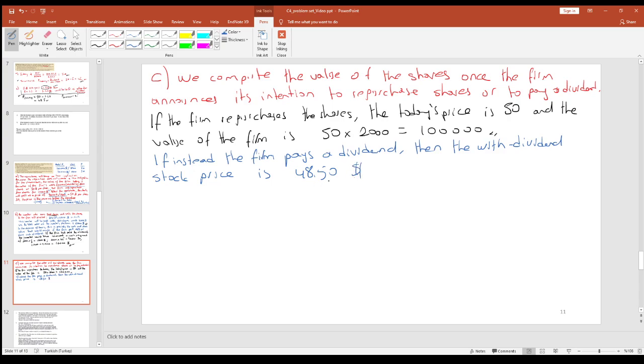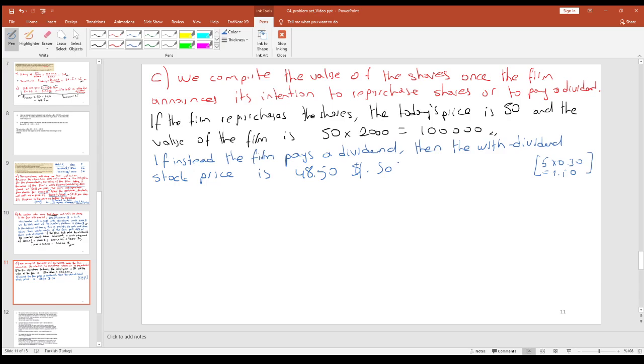Why 48.50? Remember that the tax rate was 30%, so over the $5 cash dividend, the tax amount is $1.50. So this should be subtracted from today's price, which is 50. That's why we have 48.50.